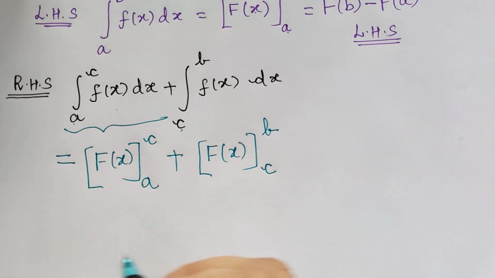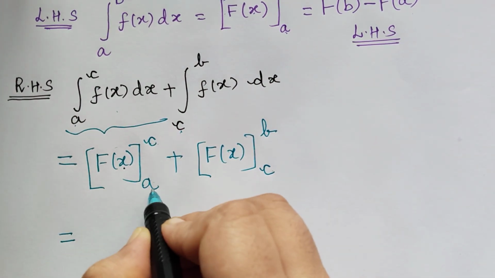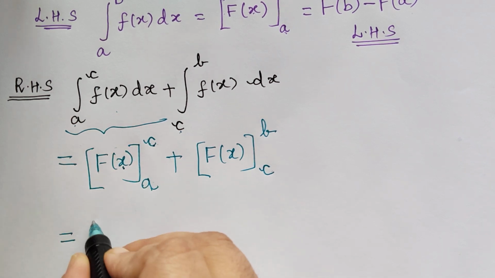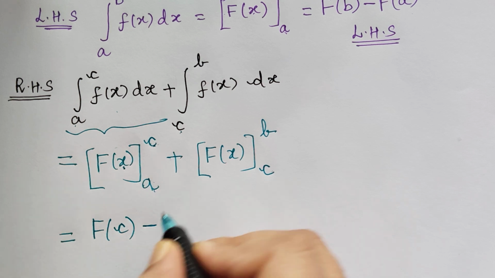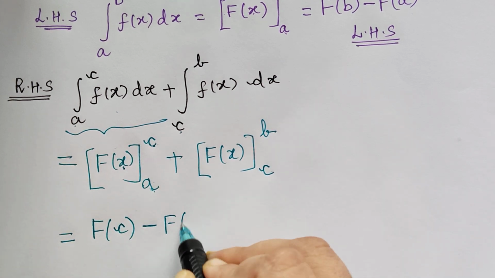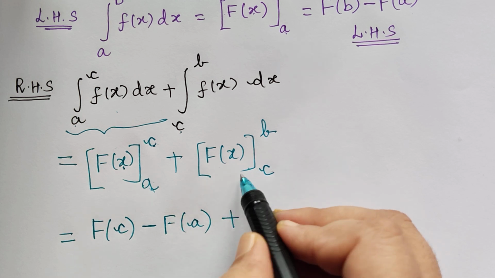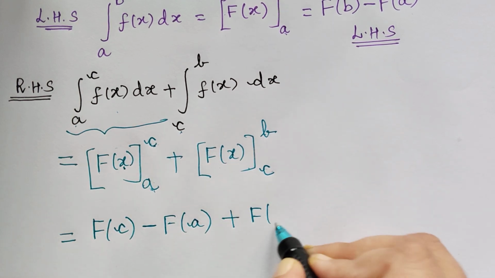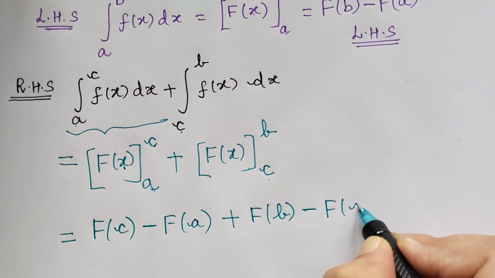So that will be further equal to, now in this we have to apply the upper limit minus the lower limit. The upper limit is c, and so we will be getting F of c minus the lower limit, minus F of a, plus, in a similar manner here also we have to apply the limits. The upper limit is b, so F of b minus the lower limit, which is F of c.